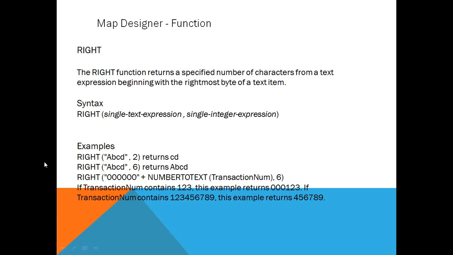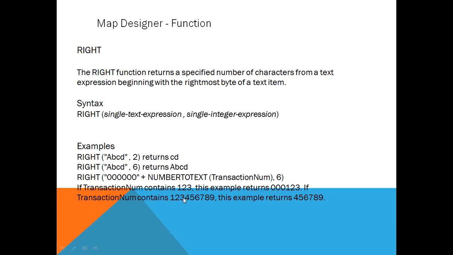And here it is right of 000 plus number to text, because the first argument of the right function should be a text expression. That's why there is a number to text of the expression, and 6. Suppose the transaction number contains 1 2 3, this example will return 000123, because from the right side it will give 6 bytes.